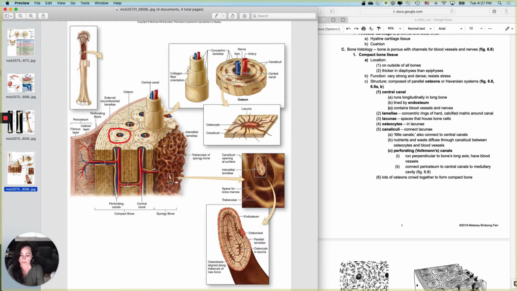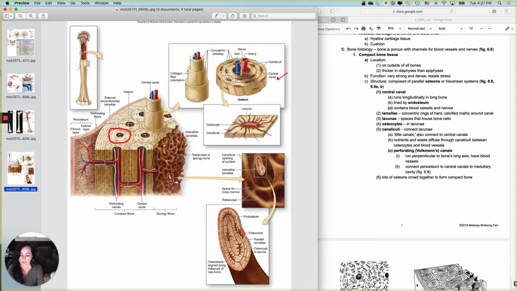In the middle of each one is this structure that usually stains just really dark. What is that called? That is the central canal, okay? And inside the central canal is where your arteries, veins, nerves are running. The central canal runs parallel to the axis of the long bone generally.